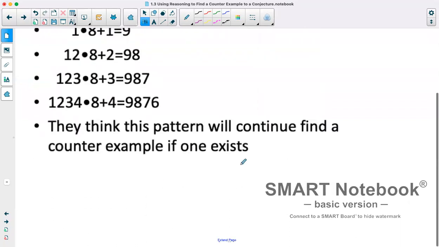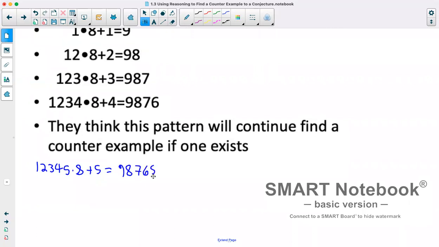So we will try some of these, see if this pattern continues. So we have 1, 2, 3, 4, 5 times 8 plus 5. If we calculate that, we get 98,765.